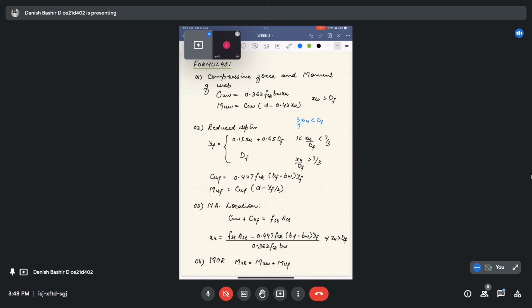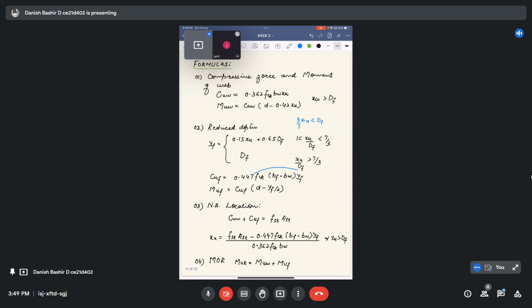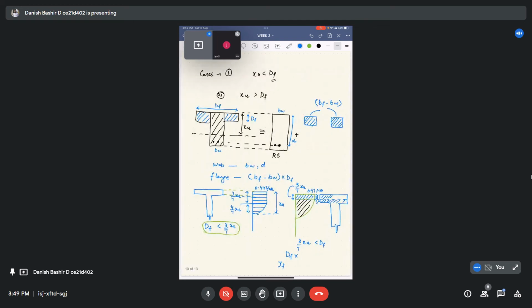Code says that if DF is less than 3 by 7 XU, you can easily use the whole flange depth. That is, reduced depth is equal to whole flange DF only when XU by DF is greater than 3 by 7. You can rearrange that, XU is greater than 7 by 3, it will be rearranged like this: DF is less than 3 by 7 XU.